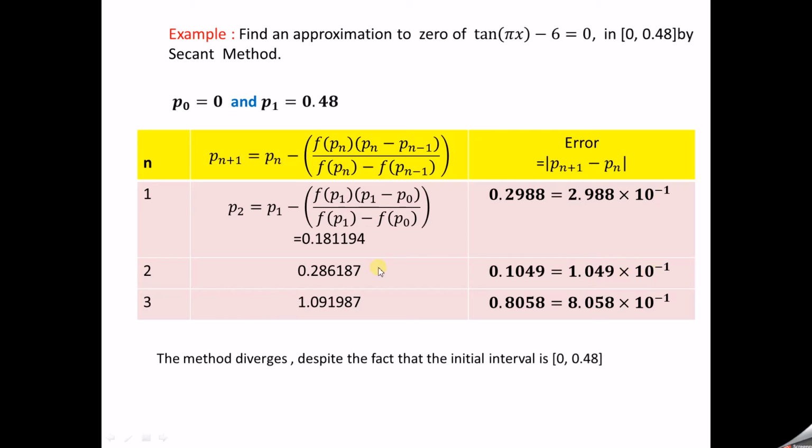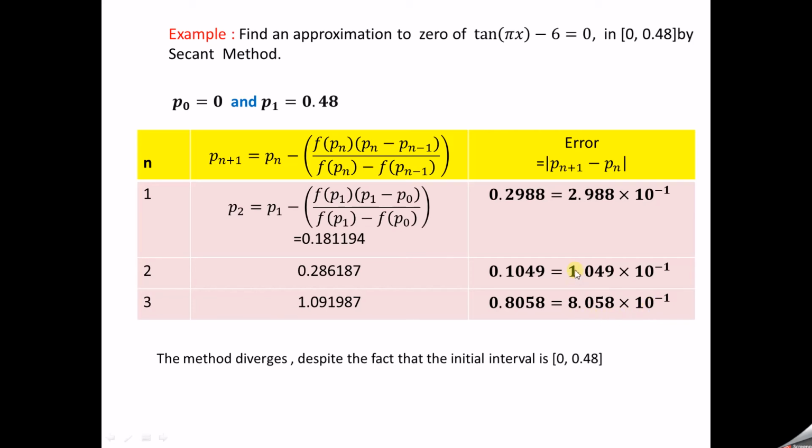Next, when we go to P4, the next approximation, we get 1.091987, and the error is 8.058 times 10 power minus 1.